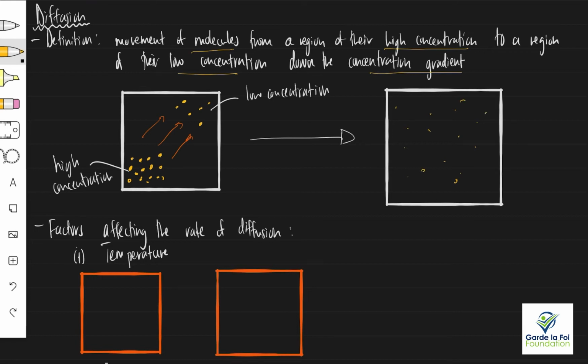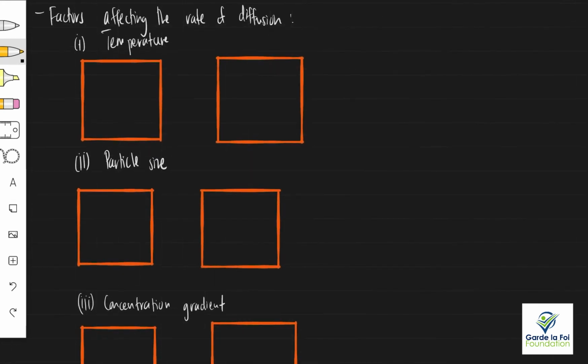And then we have the factors that affect the rate of diffusion. Those include temperature, particle size, and the concentration gradient.